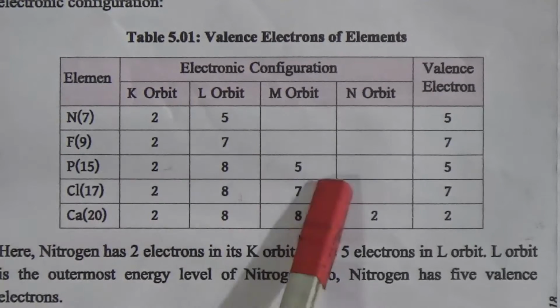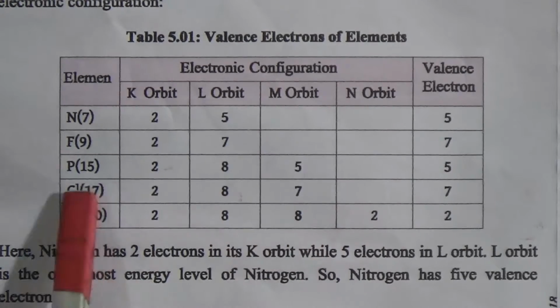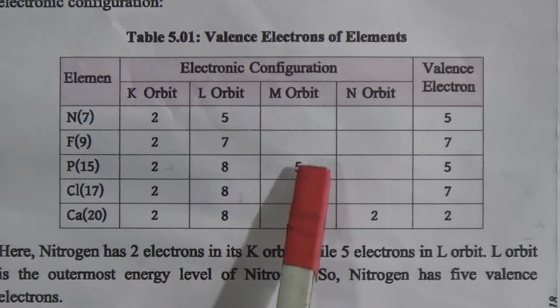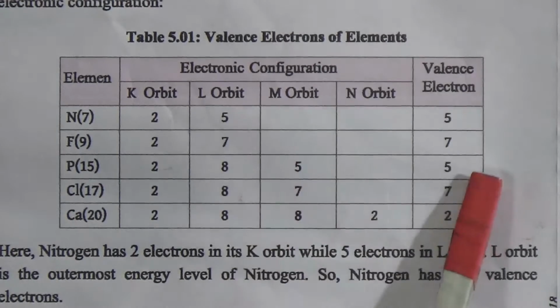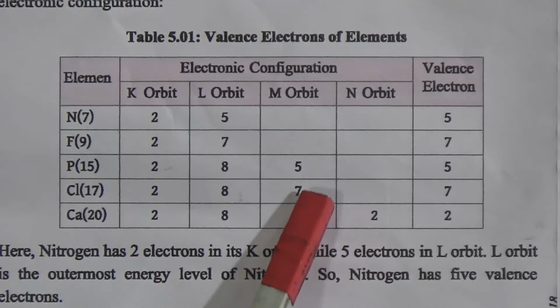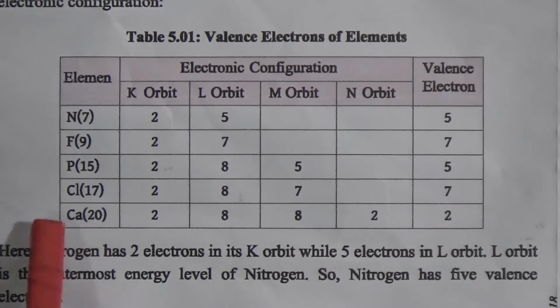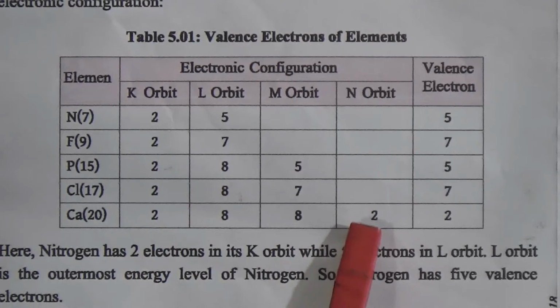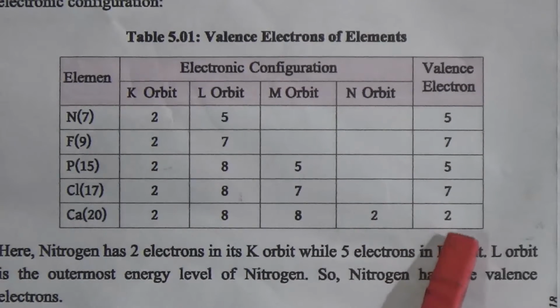The phosphorus valence electron is 5 because the phosphorus electronic configuration has 5 electrons. Now chlorine's valence electron is 7 because the outermost energy level has 7 electrons, and calcium's valence electron is 2 because in the outermost energy level calcium has only 2 electrons.